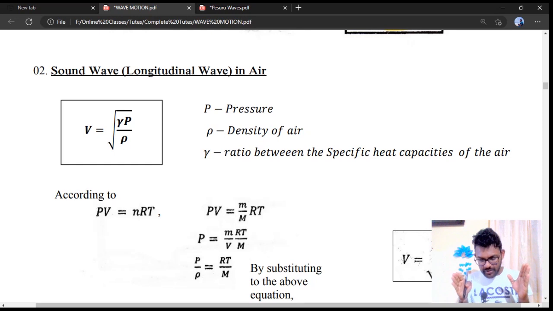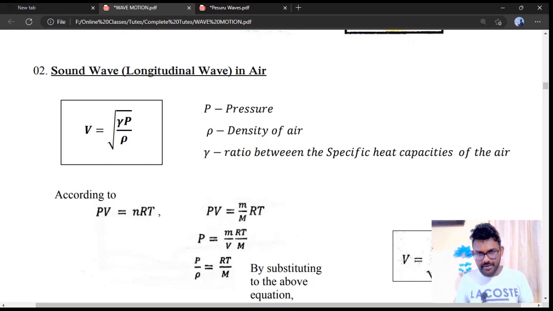I can measure the mass of the air that I can enclose, collect for that 1 cubic meter volume, and that will be the density of the air. Density is just the mass divided by volume. So this density of the air is the rho.